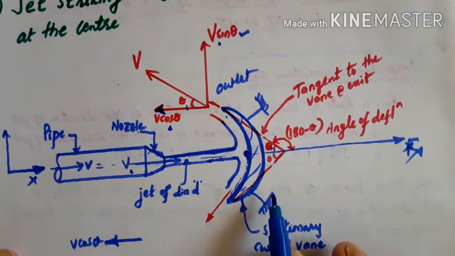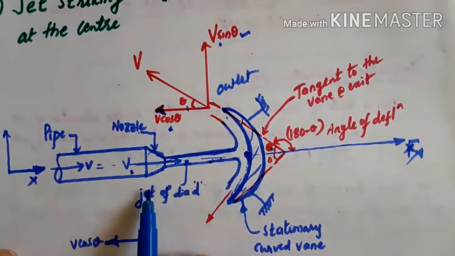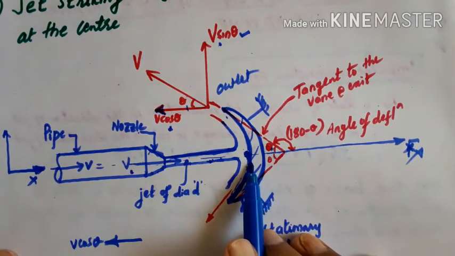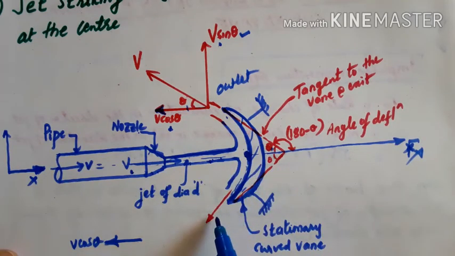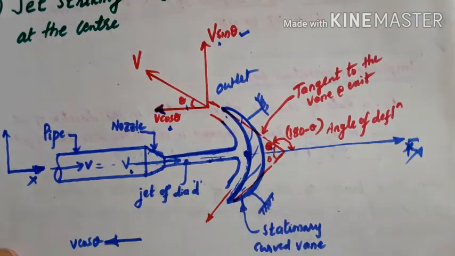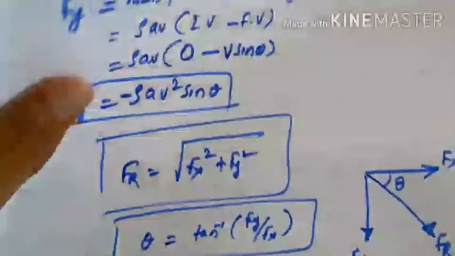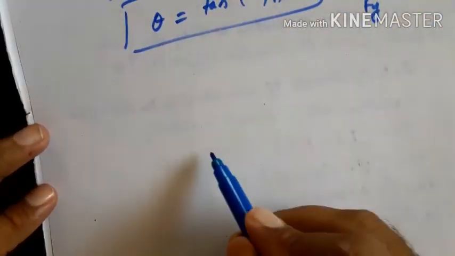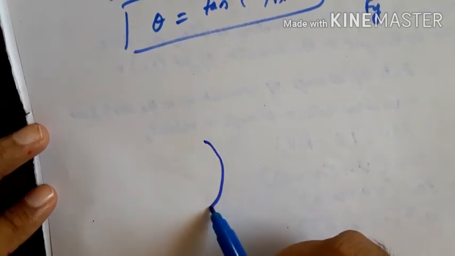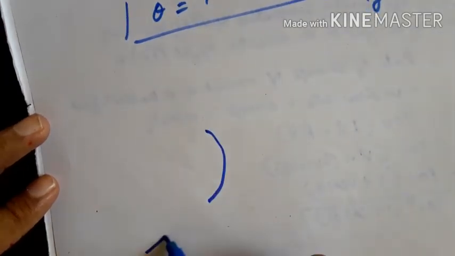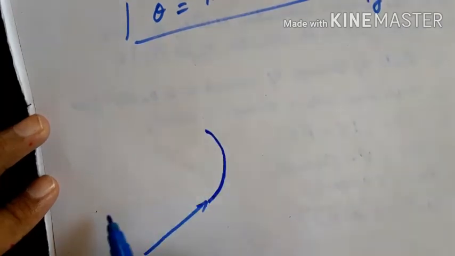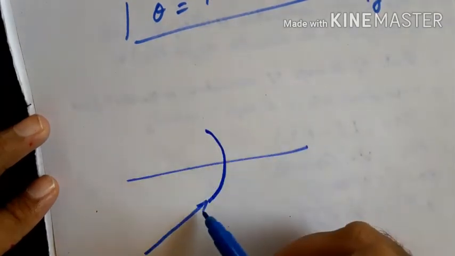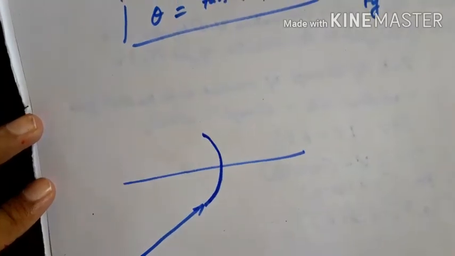This is a symmetrical case, that is, a jet striking at the center of the vane. In the next lecture we'll take the case of the jet striking at one of the tips of the vane, with the vane placed symmetrically. We'll consider and solve that case.